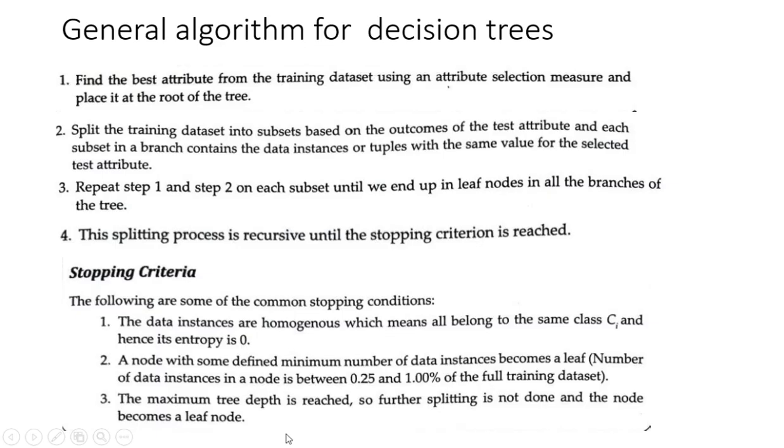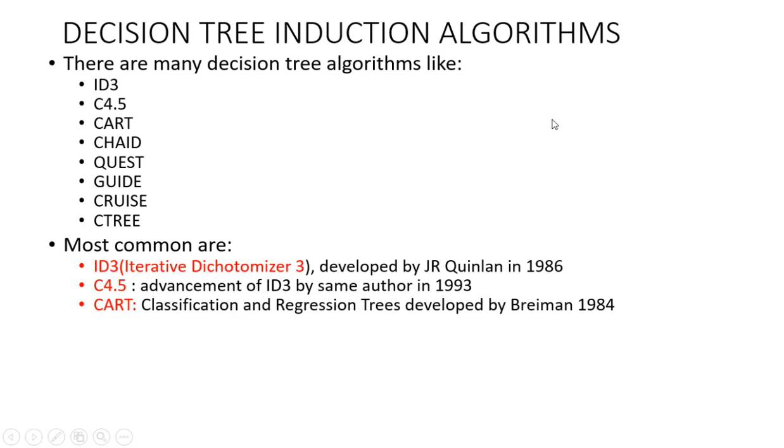So based upon any of these 3 conditions, you can stop growing the tree. Just to quickly revise, if you are no longer able to split your leaf node, that can be one condition. Or you have decided this is the maximum number of leaf nodes, or this is the maximum depth of the tree. Based upon any of these 3 conditions, I'm going to stop the growth of the decision tree.